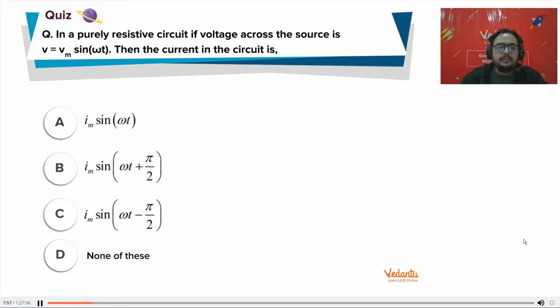So there is a quiz in front of you. Please read it carefully. In a purely resistive circuit, voltage is given as Vm sine omega t. Then current in the circuit is given as, I have just told you, this is basically about relating the phase. Read the options carefully.